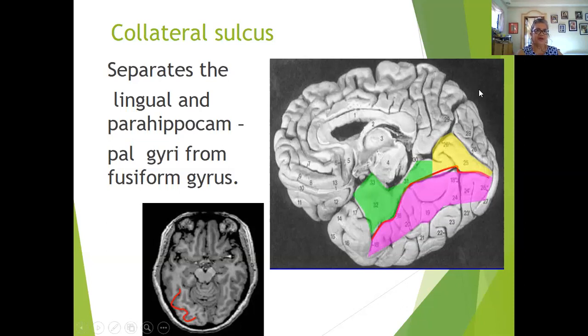Then you have this is your parieto-occipital. So this makes it the parietal pole. Then you have here the central sulcus of Rolando traversing, going into the medial surface. So you can see that anterior to that will be your frontal lobe, and posterior will be your parietal lobe.